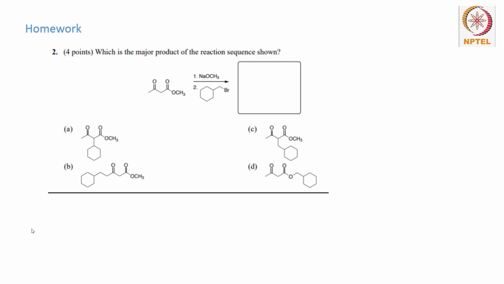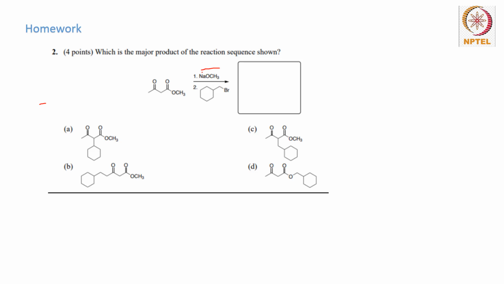Here they have given one diketone type of compound. In that they have added a base, sodium methoxide, and an alkyl bromide, that is the cyclohexanyl bromide.